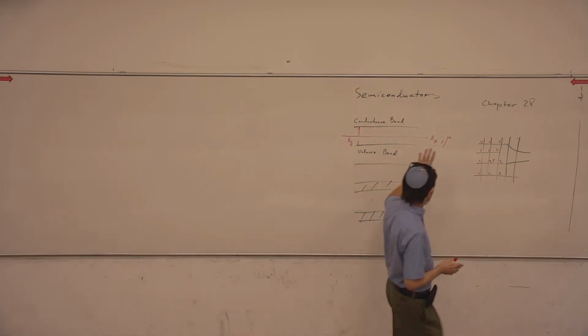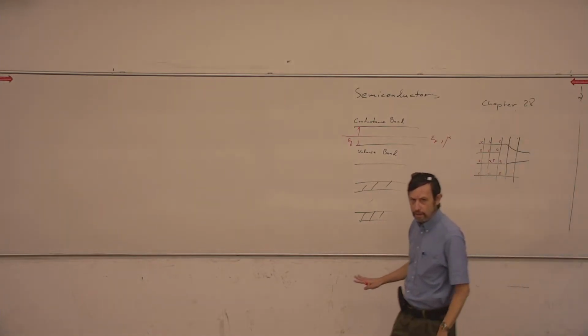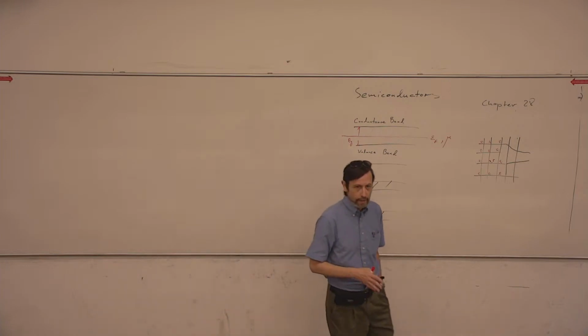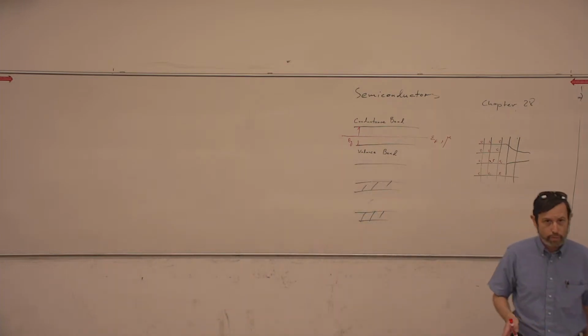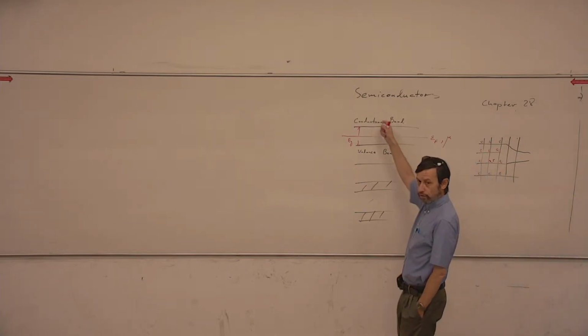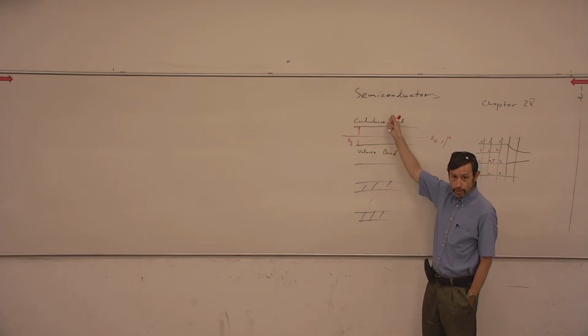So, okay, first, completely clean silicon or germanium or what have it, semiconductor, and we want to answer your question: how many electrons will move from here to here?